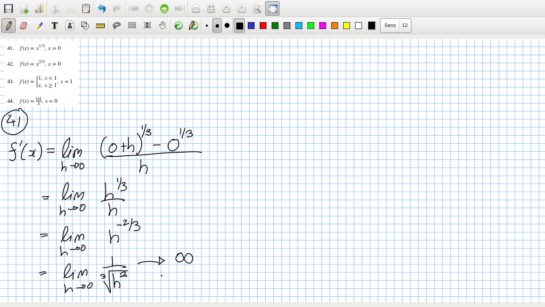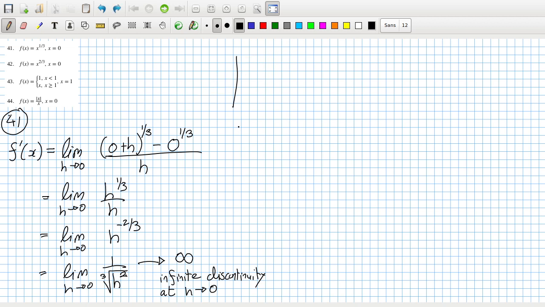There's an infinite discontinuity at h tending to 0. So that's interesting. I think if I picture the graph of the cube root function, it must be quite vertical at the origin.